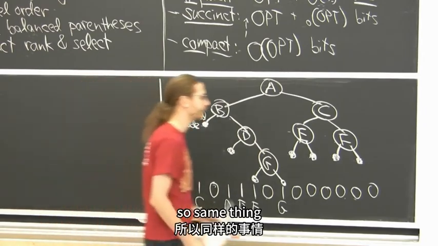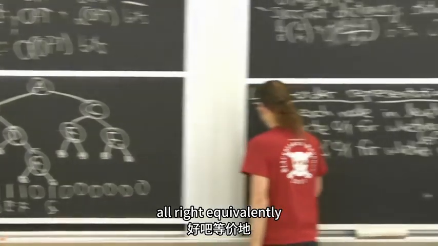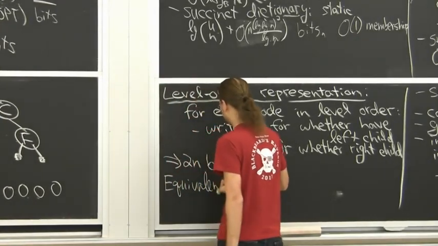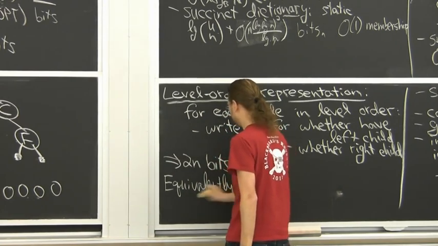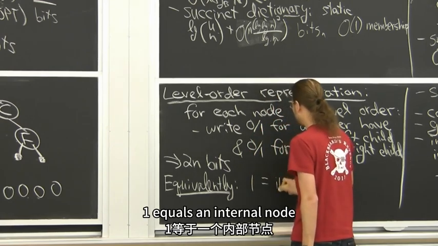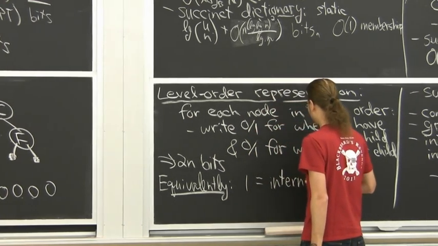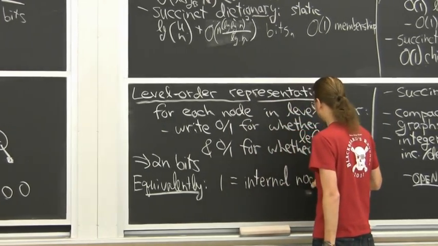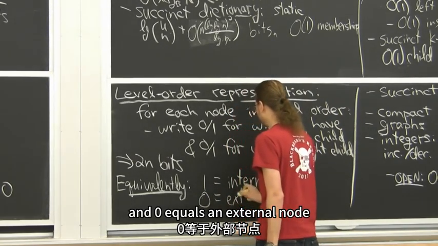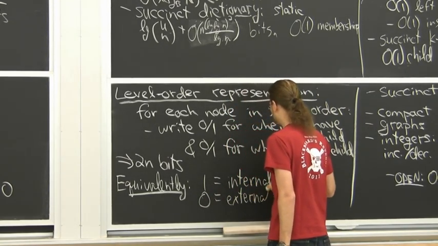So same thing. I'll write equivalently: 1 equals an internal node, and 0 equals an external node.